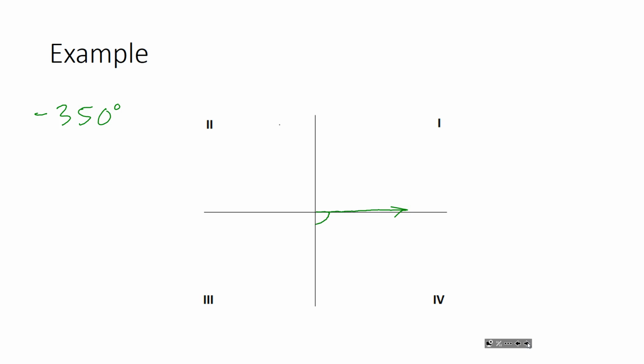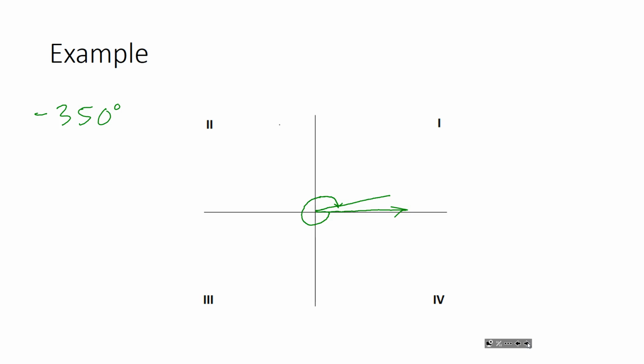So let's start going around. Now, I'm going to do that rather quickly because obviously 350 is almost a complete revolution, but it's not quite a complete revolution. Although my drawing here is only an approximation, that would probably be roughly what our angle would be. Actually, probably a little bit smaller, but it would be hard for you to even see it in that case.